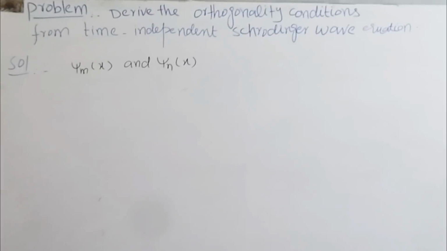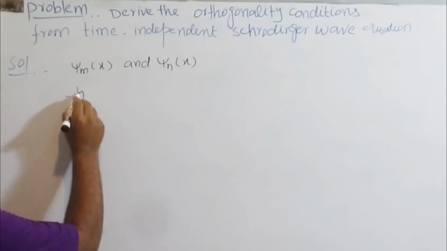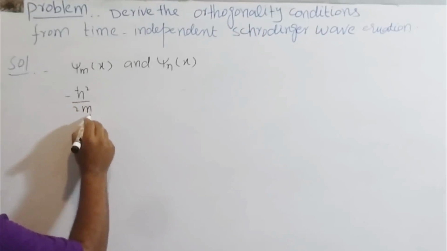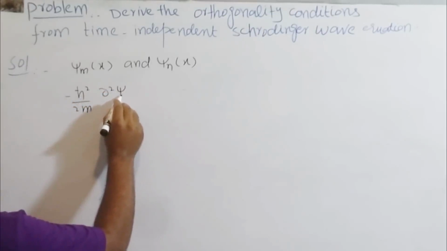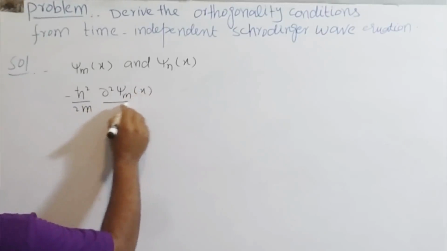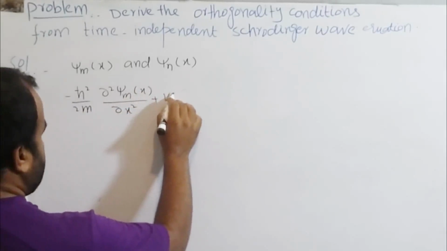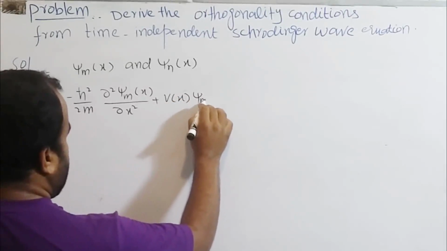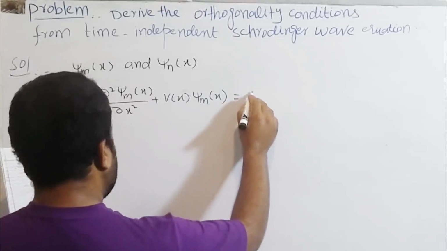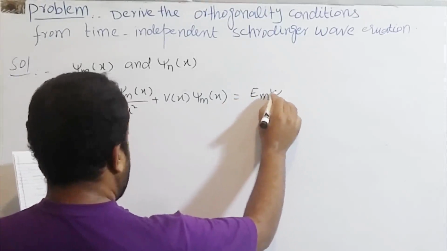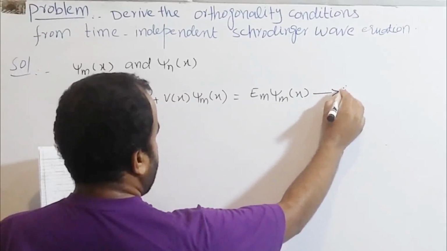Then the corresponding Schrodinger wave equation is: minus h cut square divided by 2m into the second partial derivative of psi m of x with respect to x, plus V of x into psi m of x, is equal to E m psi m of x, and this is equation 1.